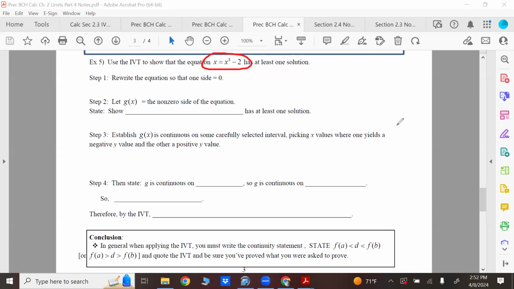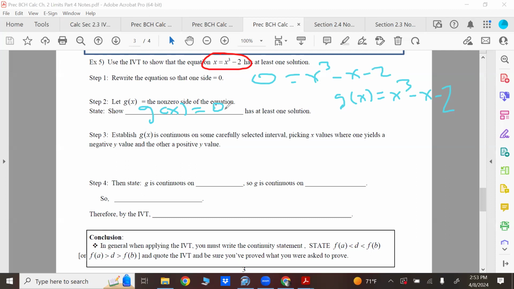But what you can do is rewrite the equation so you have 0 on one side. So let's rewrite it like this: 0 equals x cubed minus x minus 2. And we'll let g(x) equal that equation. So what we want to show is that g(x) equals 0 has at least one solution.